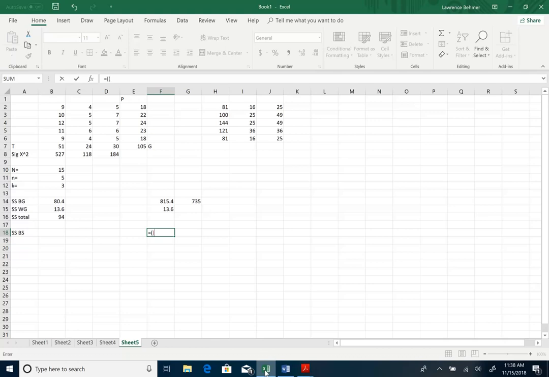So what we're going to do is square each P value. First I'll start with 18 squared, divided by the number of levels, which is 3.